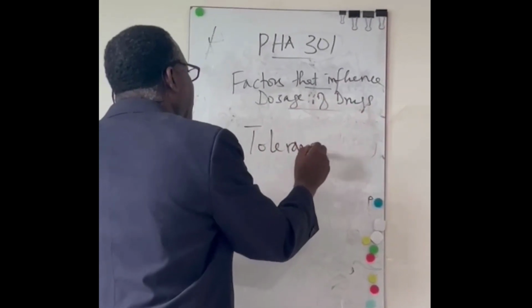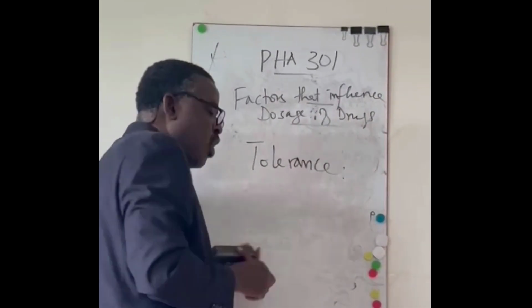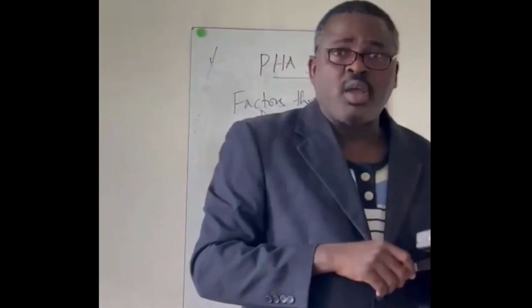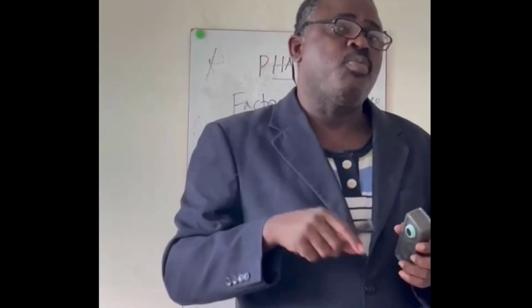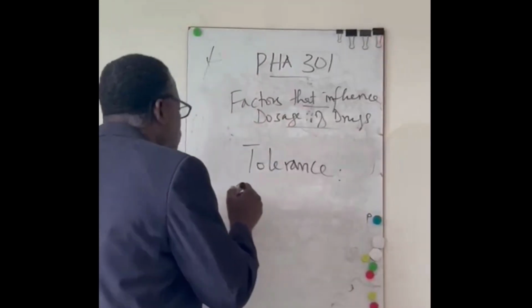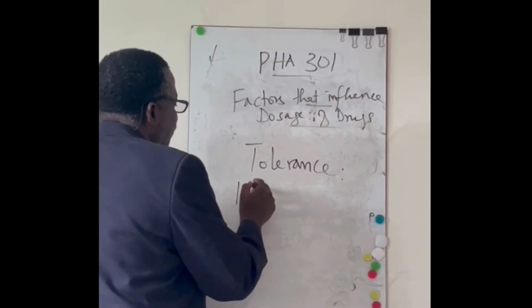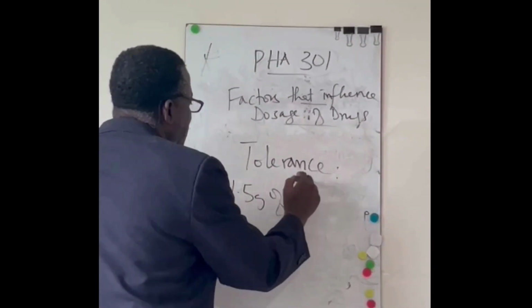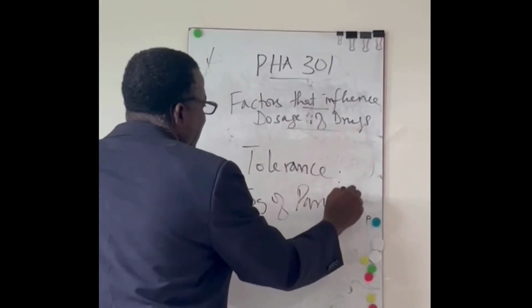Tolerance is because someone has been taking a drug for a longer time. You see that it's not working for him again. It has to be increased. If someone prescribes to a patient 1.5 gram of paracetamol, I don't know what he's saying.